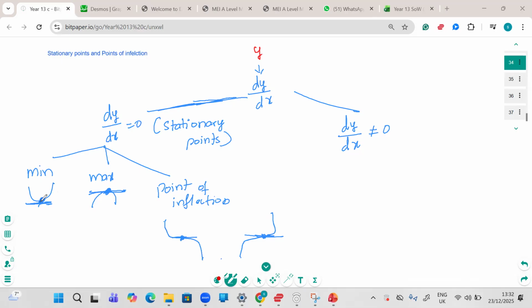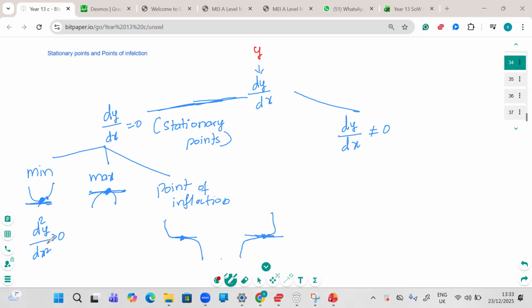Now, in order to know if it is a minimum or maximum point, you need to take the next point as close as possible, and you again find the gradient. As you are finding the gradient for the second time, d square y by dx square, if that is more than zero, meaning it is going up.